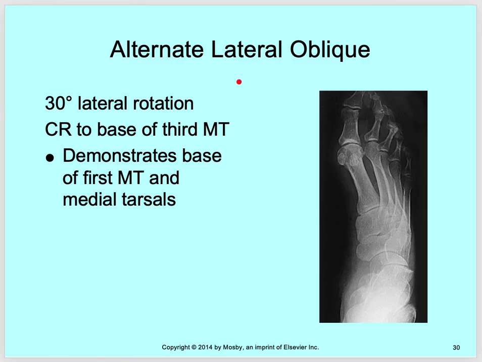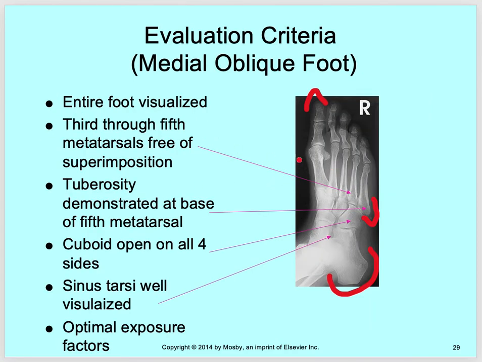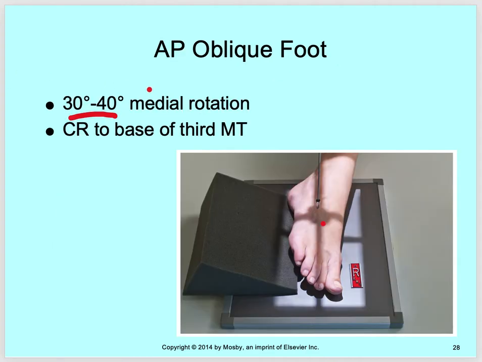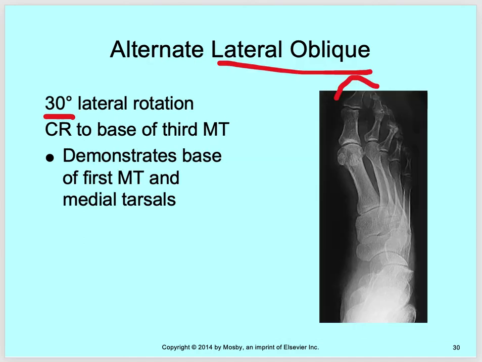Your alternate lateral oblique. So the lateral oblique, make sure you don't clip off the toe, the soft tissue. It's a 30 degree lateral rotation. So your medial rotation, as we talked about here, is 30 to 40 on a medial, and your lateral is a 30.